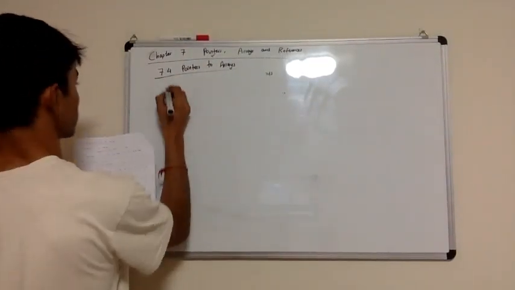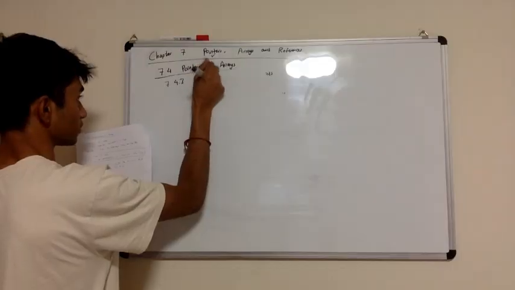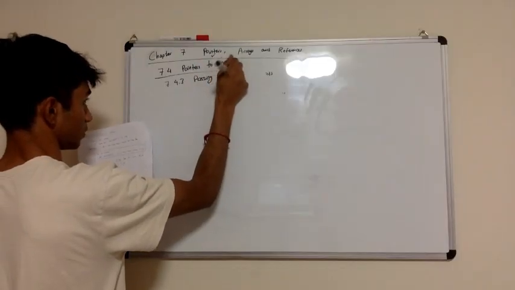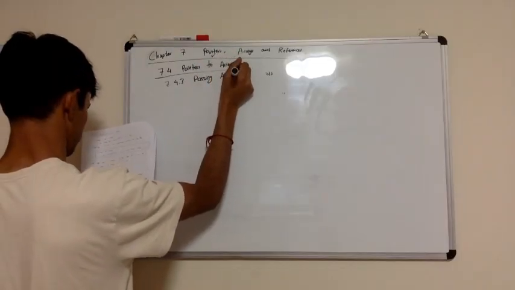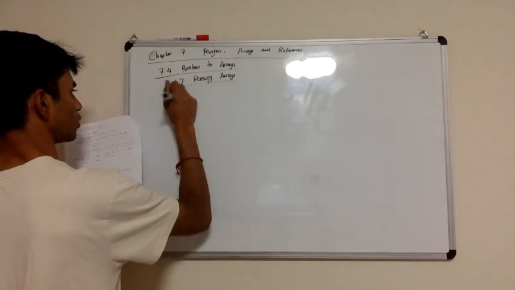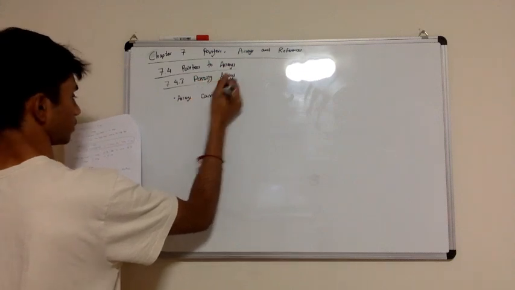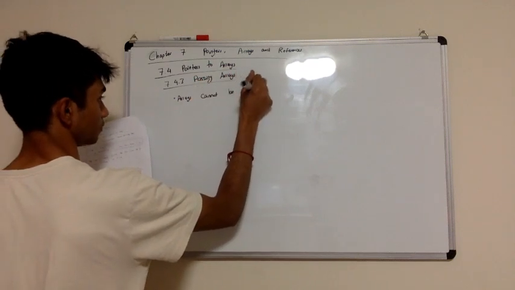So this next bit is 7.4.3, parsing arrays. I think we mentioned this, but arrays cannot be parsed usually into functions.